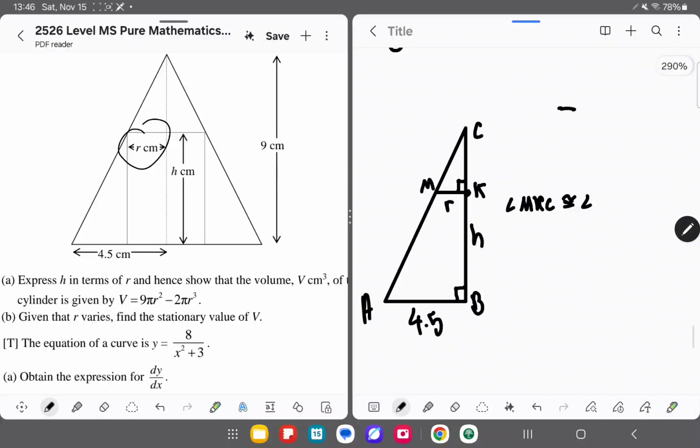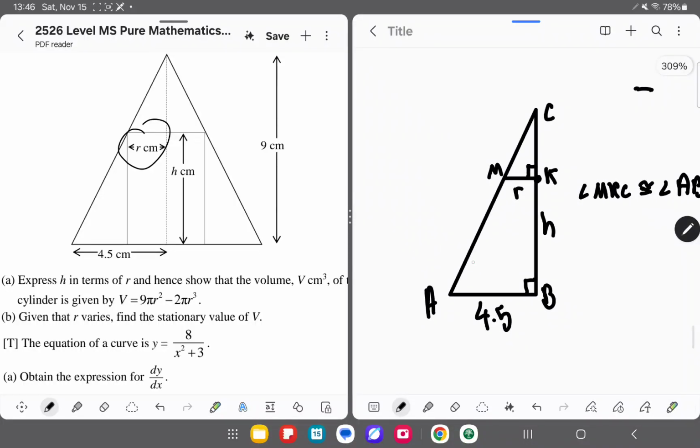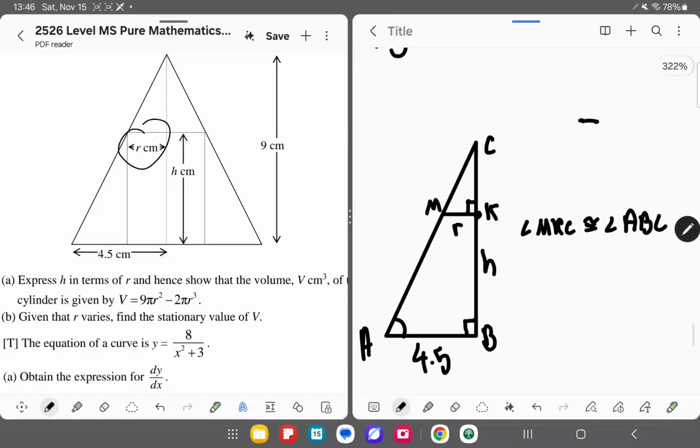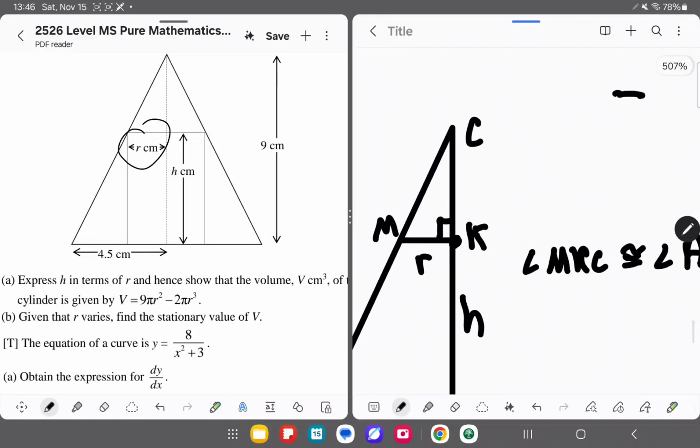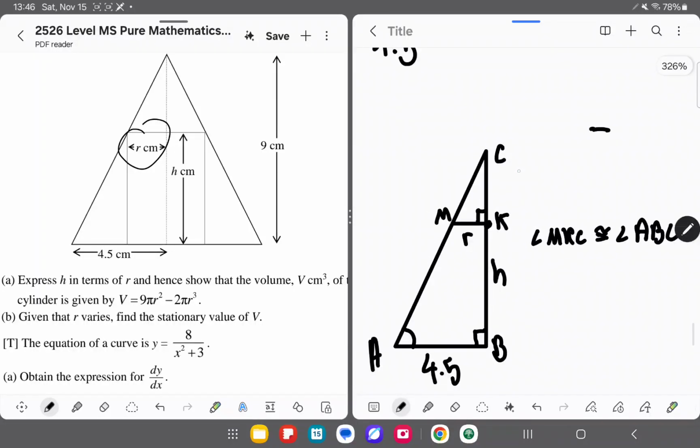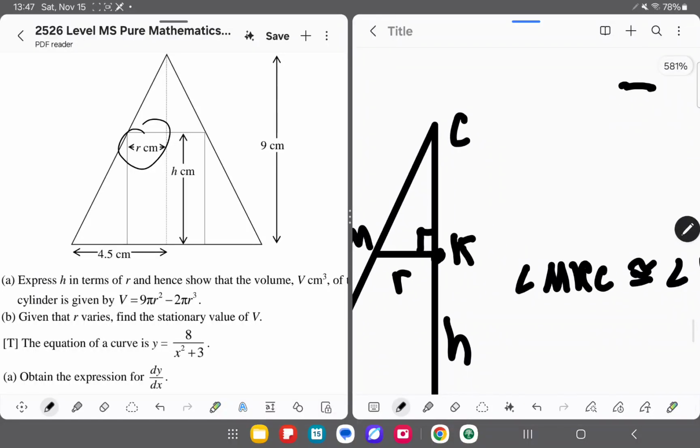angle ABC. What else we can say is over here, we're taking two triangles into consideration. We should just remember that the whole entire thing from C to B is 9. So we can say then that 9 minus H is the length of CK.